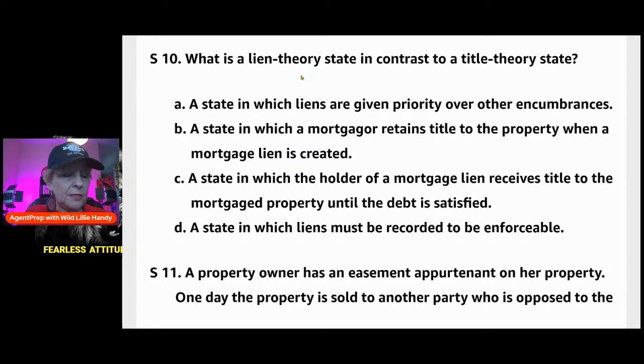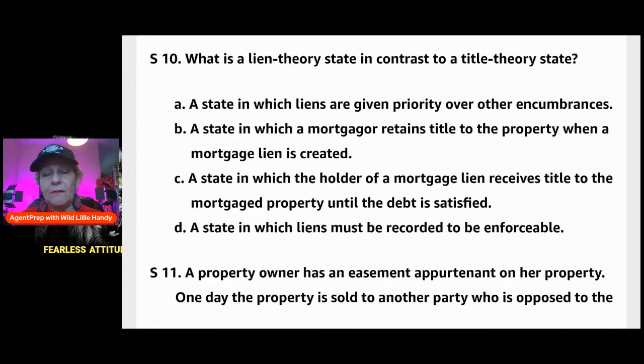The mortgagor in the lien theory state retains legal title. So that is B, a state in which a mortgagor retains the title to the property when a mortgage lien is created. C says a state in which the holder of a mortgage lien, that's the lender, okay, receives the title. And so that's not it.